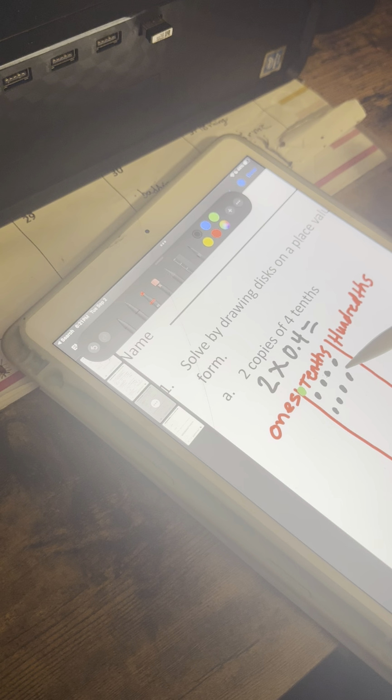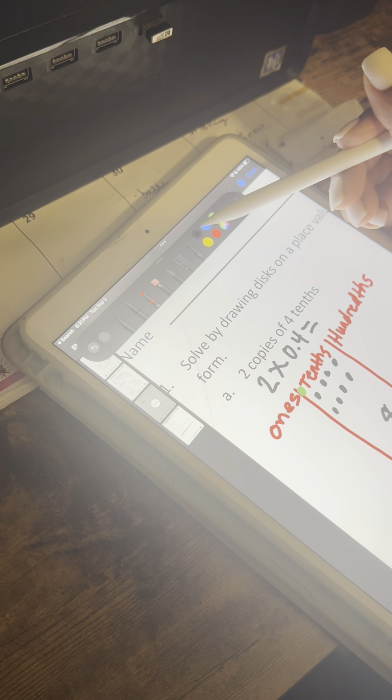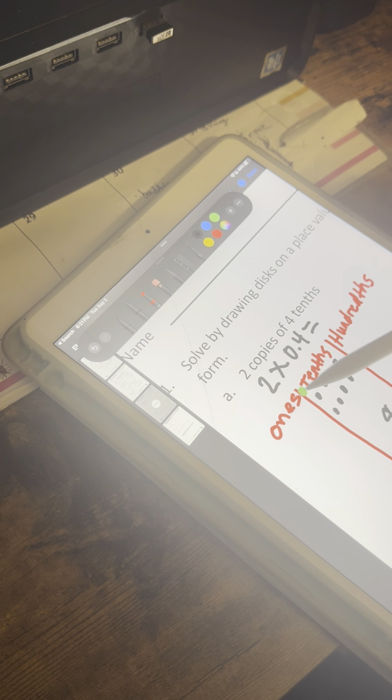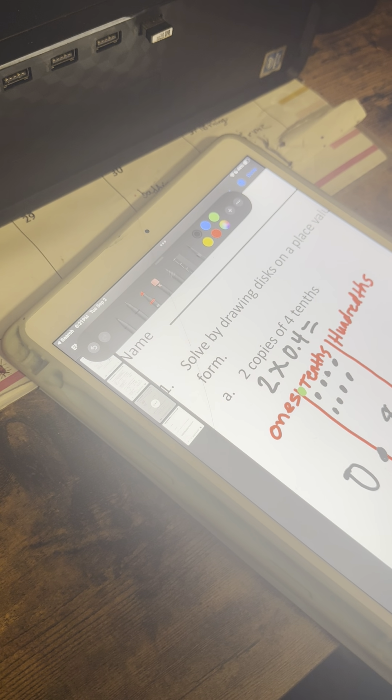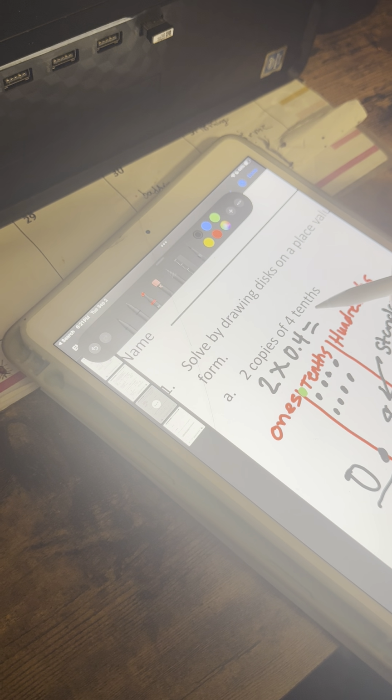How many tenths did we draw? 1, 2, 3, 4, 5, 6, 7, 8. I drew 8. Now it's time to fill in. How many ones we had? We had 0. Bring down your decimal. And we're done. So our answer in standard form is exactly this. This is standard form. So our answer is 0 and 8/10.